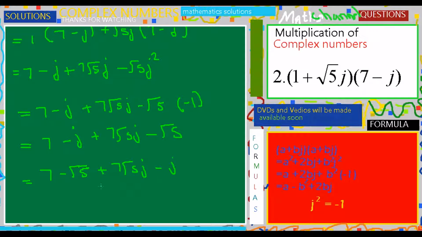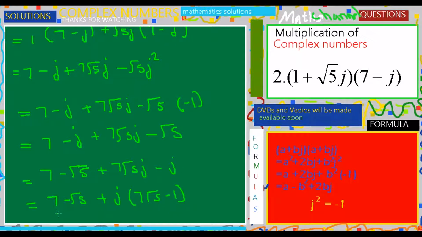So these are the like terms. So we have something like 7 negative root 5 plus j bracket 7 root 5 minus 1.